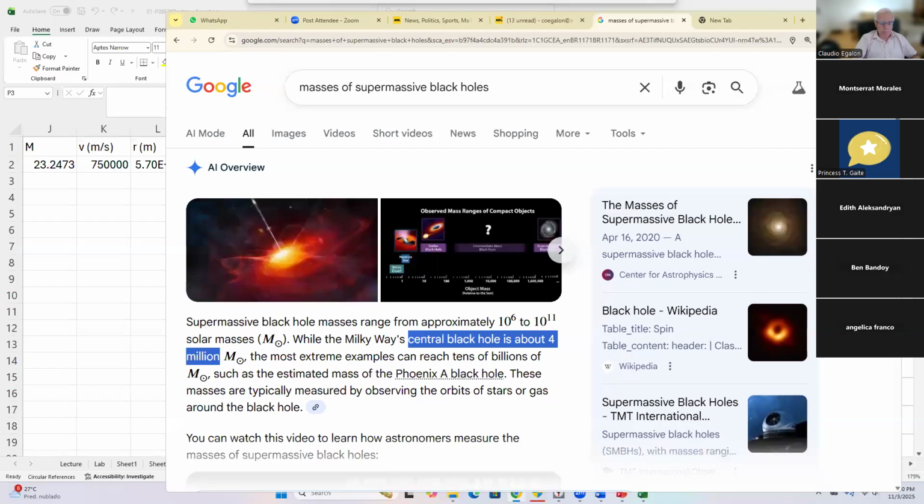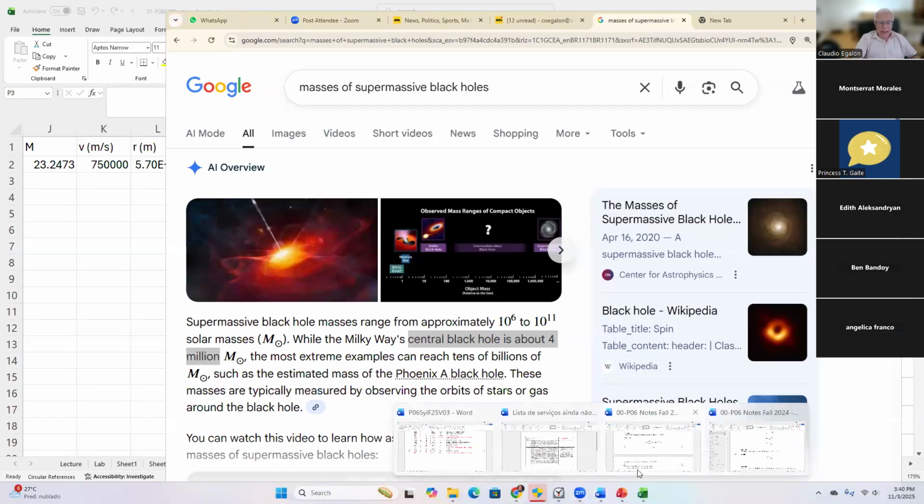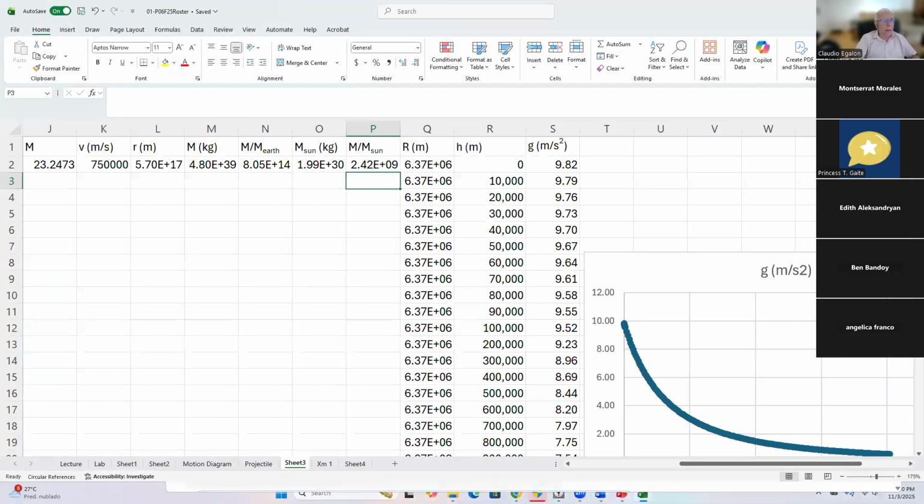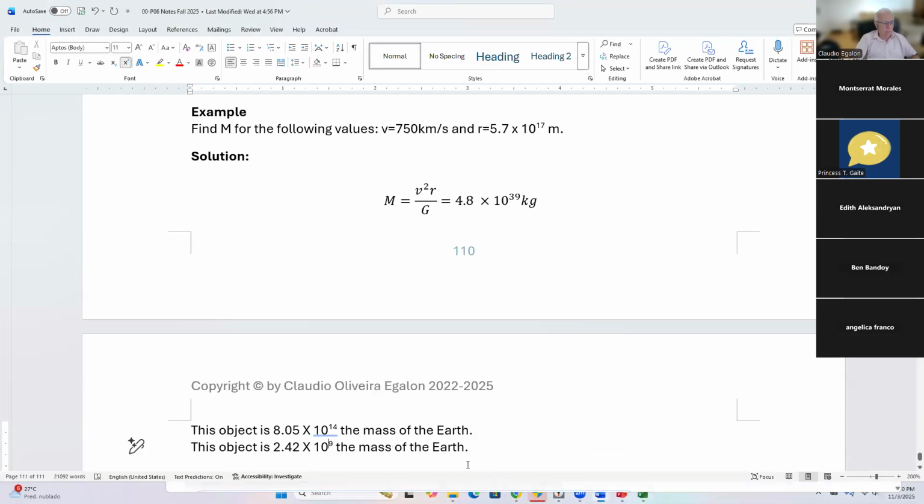Okay, that's the type of games we can play. This object is 2.42 times 10 to the 9 the mass of the sun.